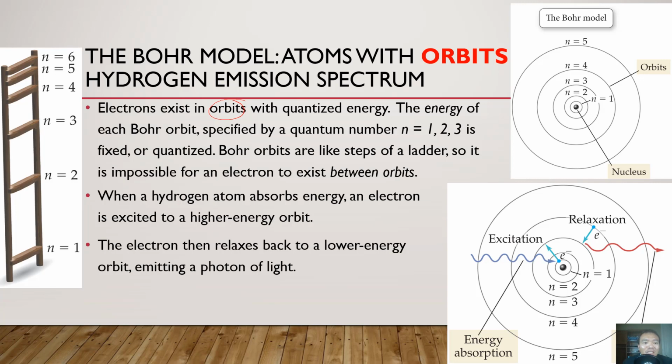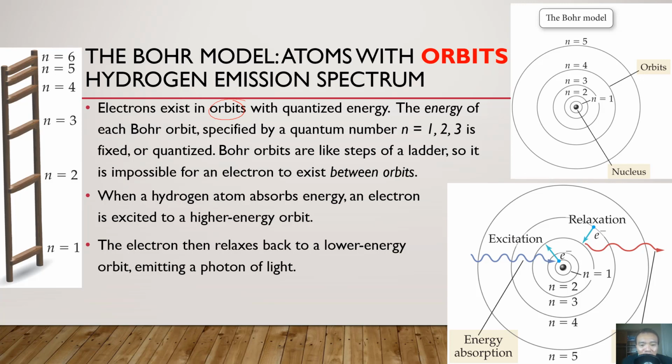The electrons can only exist in the orbits with a certain amount of energy, and you cannot have a little bit more or a little bit less than that. Those states do not exist. Just like a ladder of energy states, you cannot have states in between the steps.